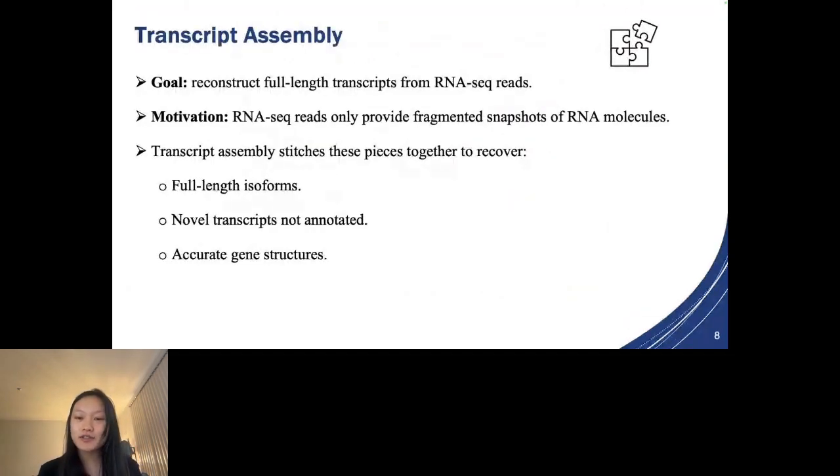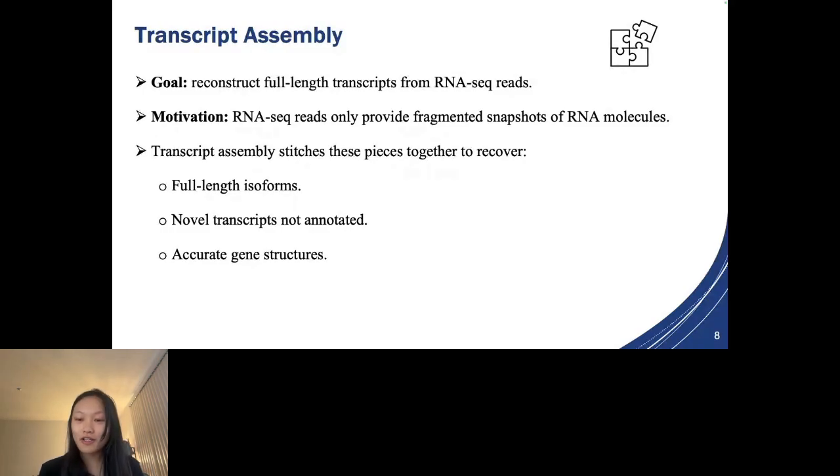The main goal here is to computationally reconstruct the full-length sequences of all the mRNA transcripts present in a sample. The motivation is clear. The raw sequencing reads only give us fragmented snapshots. It's like the little pieces of a puzzle. Transcript assembly aims to stitch these pieces back together correctly. I like to use the analogy of assembling a jigsaw puzzle.